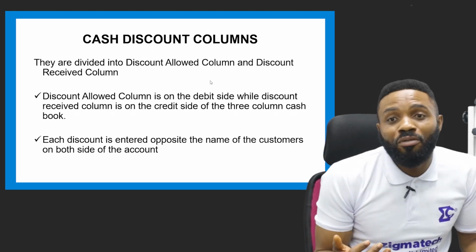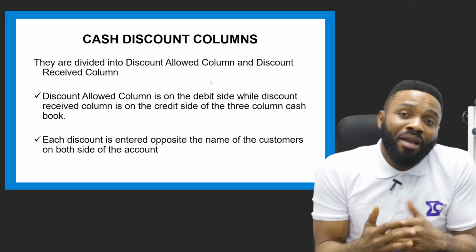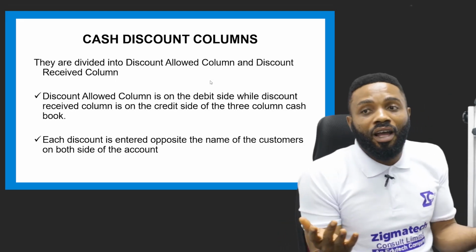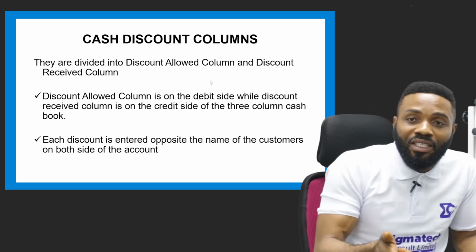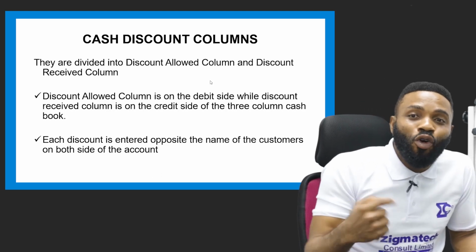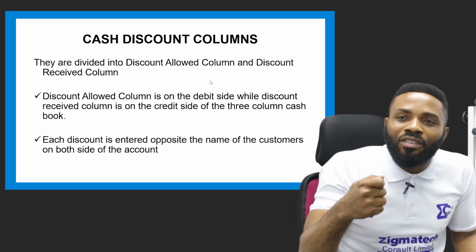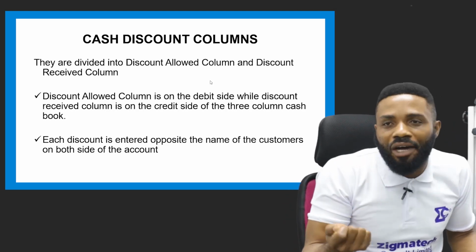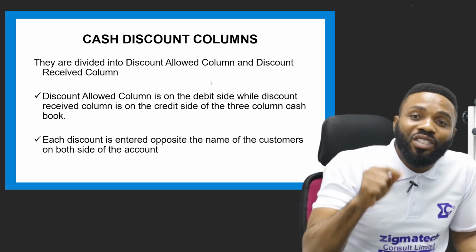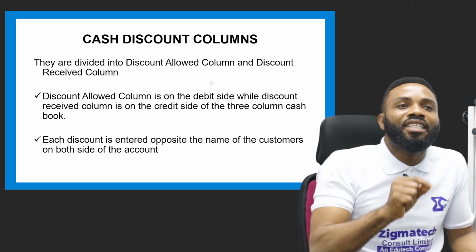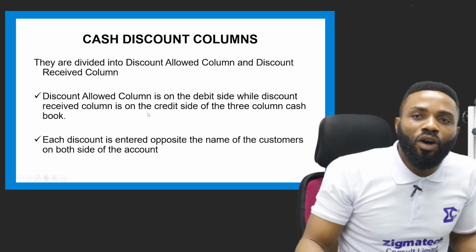Sometimes a company can just claim we gave discount to this person, and it might be a falsified transaction. So when you put the person's details, auditors can go to the extent of asking the person, did you really give us discount or did we give you discount? That's for auditing purposes. That's the essence of posting the name of the person. So don't just write discount. The name of the person must be posted on the what?